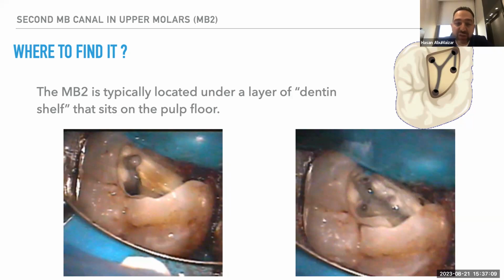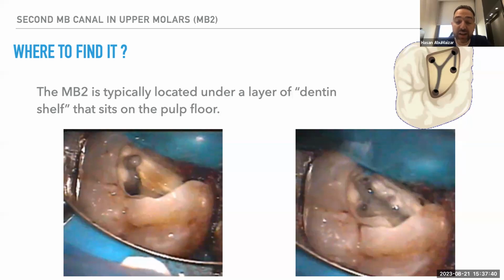How do we get rid of this dentine shelf? We mainly can do that with ultrasonics. This is number one. Number two, we can use long neck round burs at slow speed in a very careful way, just to remove this dentine ledge. We're not going to go deeper than 1 millimeter, maximum 2 millimeters inside, so you wouldn't be afraid of any perforation.